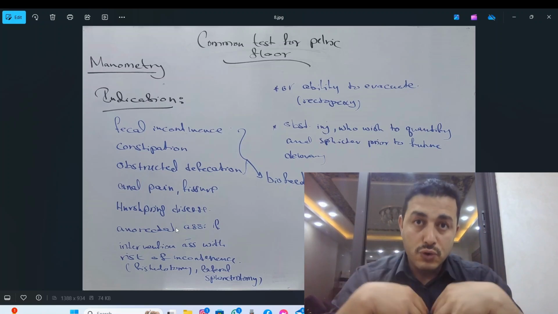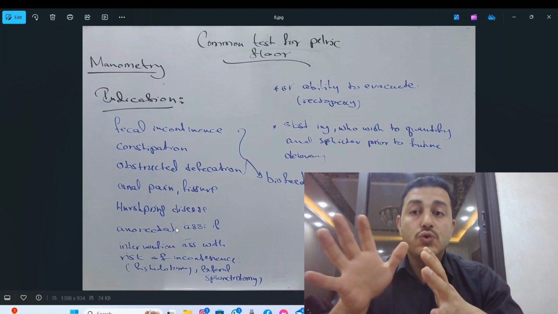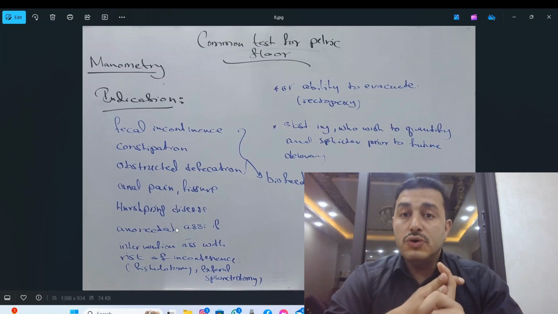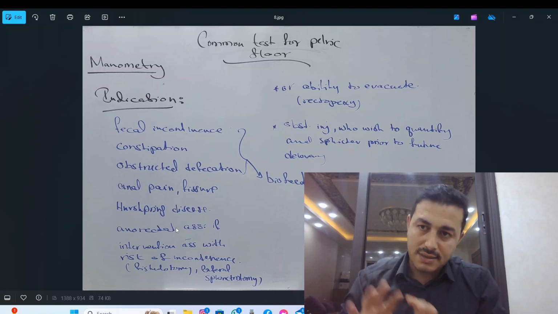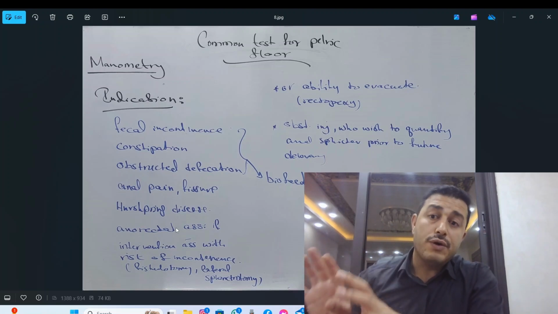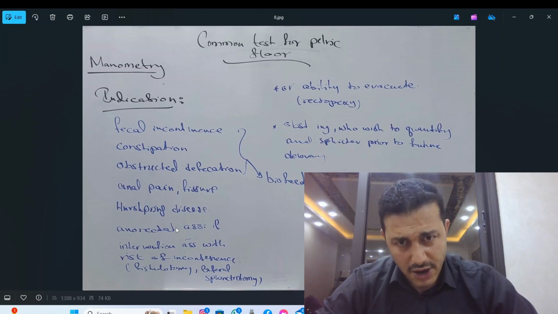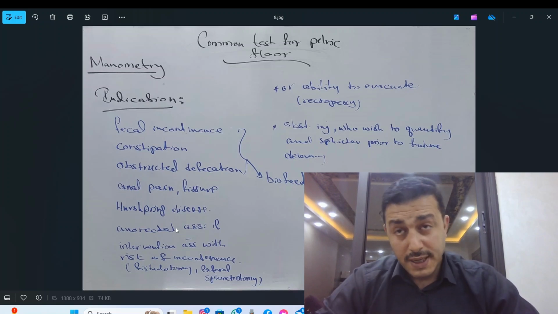So prior to the surgery, we may do manometry, lateral sphincterotomy, hemorrhoidectomy. In certain cases, we may proceed for pre-op manometry, especially in high-risk patients.